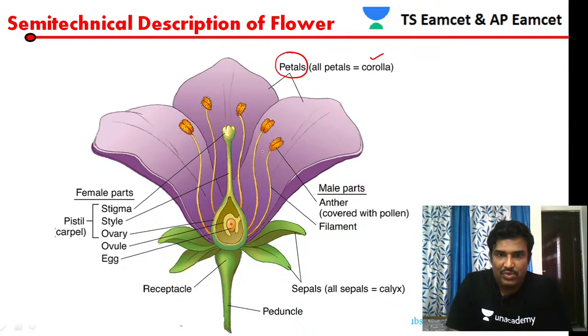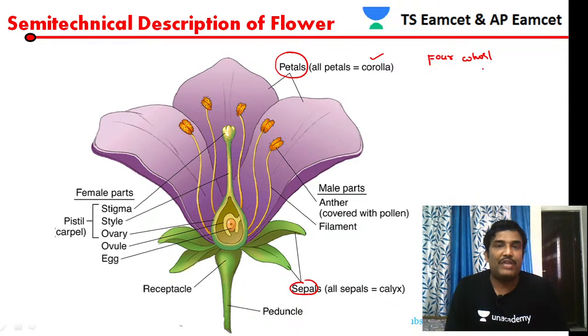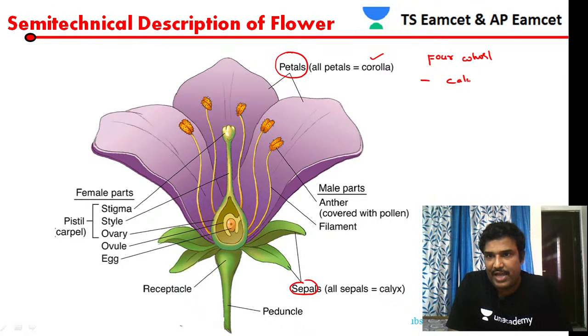Apart from petals, you have another part, called the sepals. Every flower has 4 whorls. A flower is a modification of the leaf, and it has a condensed axis.